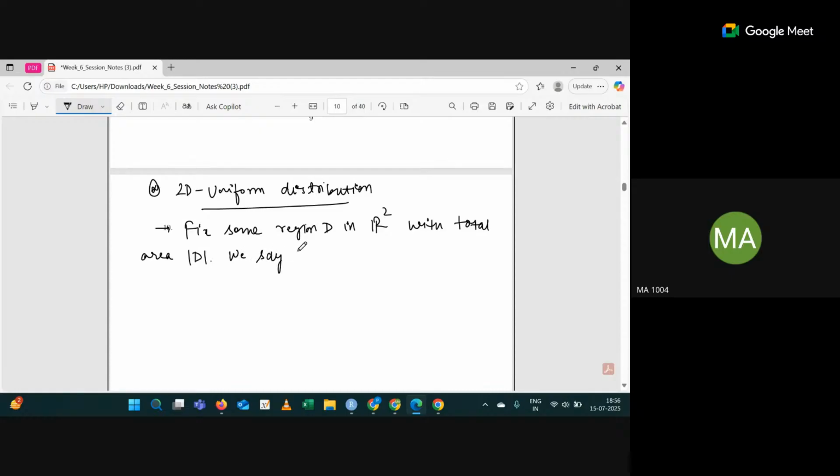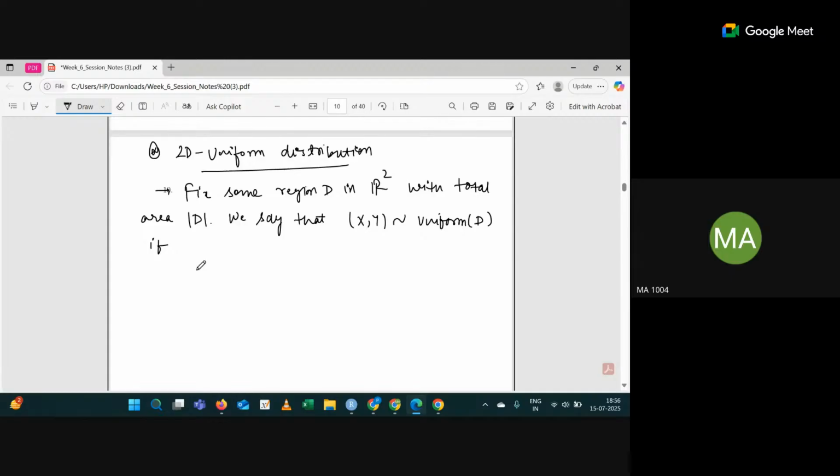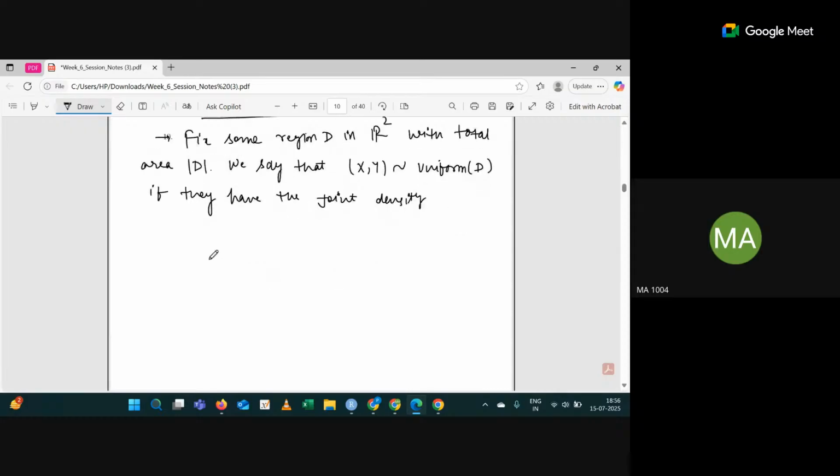So we will say that (x, y) is uniform in D if they have the joint density f(x,y) equal to 1 upon the area of D whenever this pair (x, y) belongs to D, and it takes the value 0 otherwise.